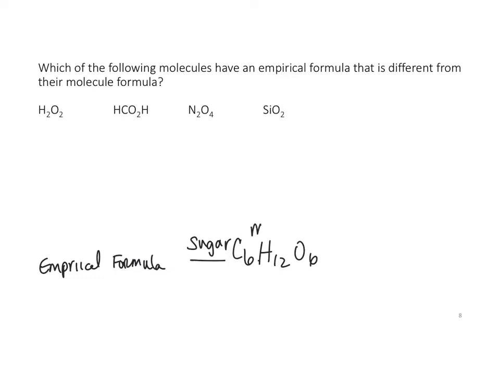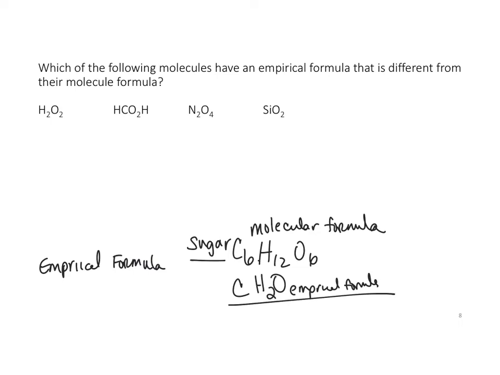That would be a molecular formula, like the true formula. The empirical formula would be if you reduce these to the lowest terms. So 6 can go into 6 one time, 6 can go into 12 two times, and 6 can go into oxygen 6 one time. So this is the empirical formula, the lowest terms.